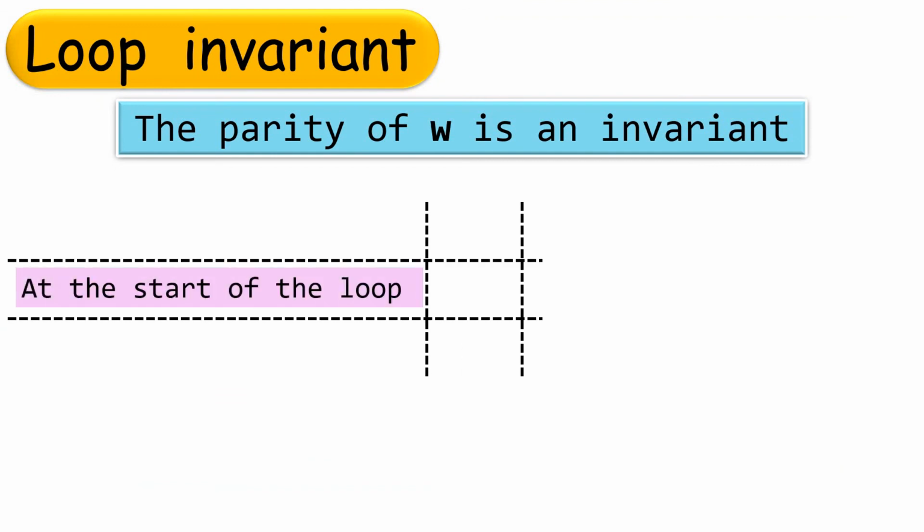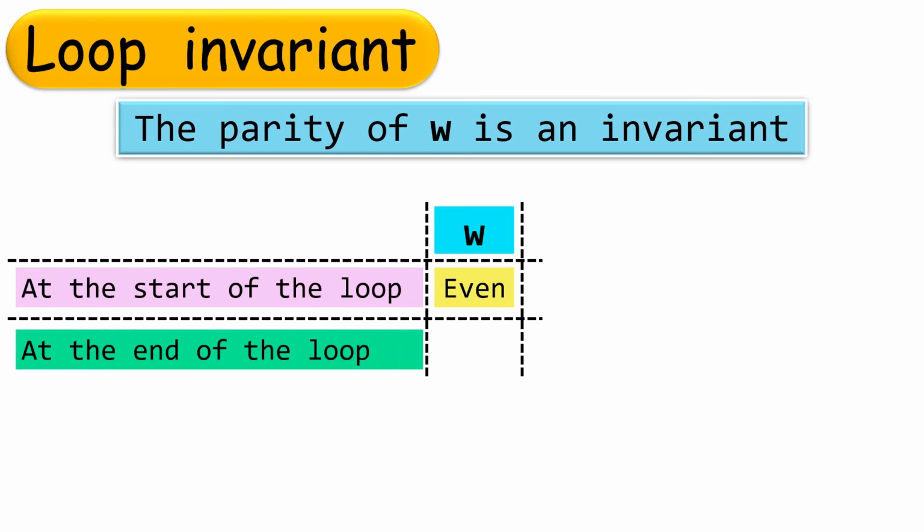At the start of the loop, if W happens to be even, and because the loop invariant is true, at the end of the loop also, W should be even. When you have only 1 marble left in the jar, the total number of black and white marbles, that is B plus W, will be equal to 1.